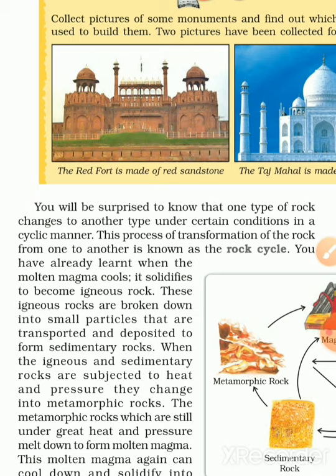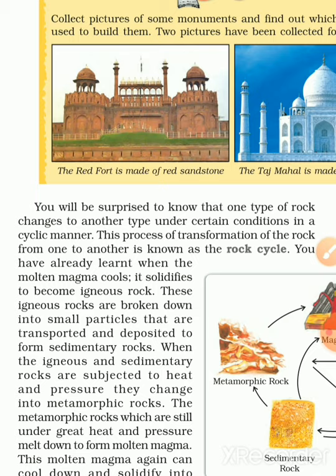Now see, this is the rock cycle. First, molten magma comes on the earth's surface. It solidifies, then it converts into igneous rock. Igneous rock transforms into sedimentary rock.